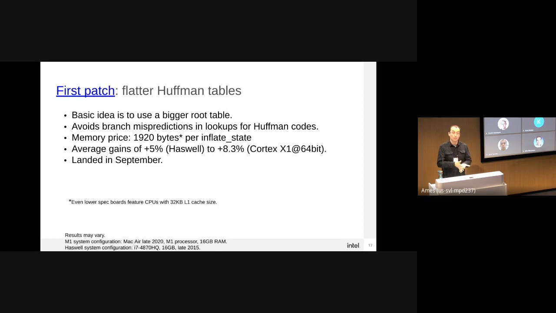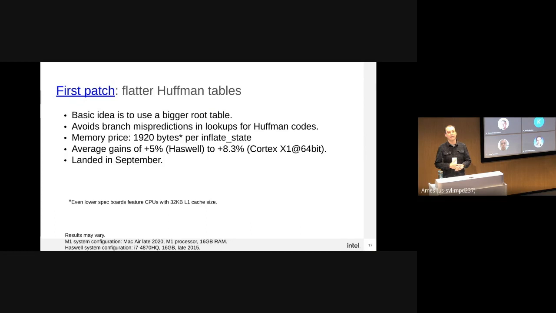So with this optimization suggested by Dougall, the idea is that we can avoid some branch mispredictions when we perform lookups for the next Huffman code by using a flatter, bigger root table. That comes with a price. Basically, we have to use 1.9 kilobytes more memory per inflate state.